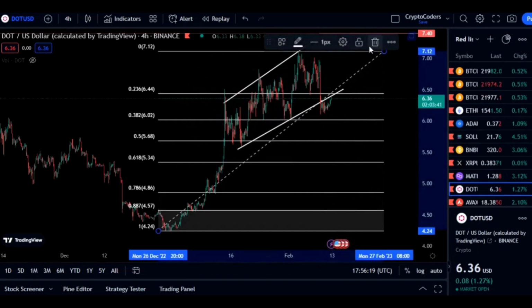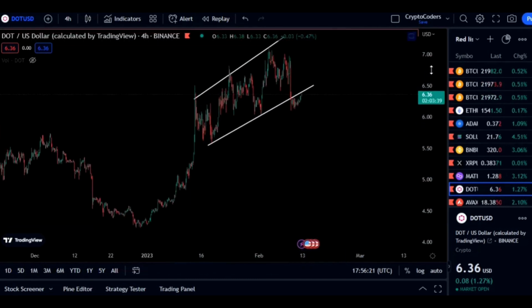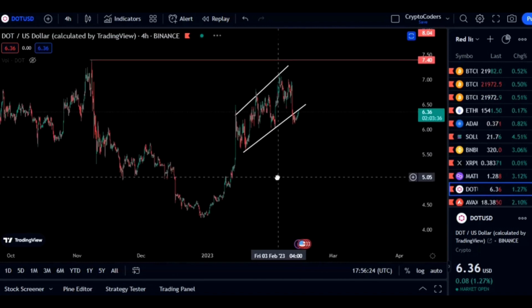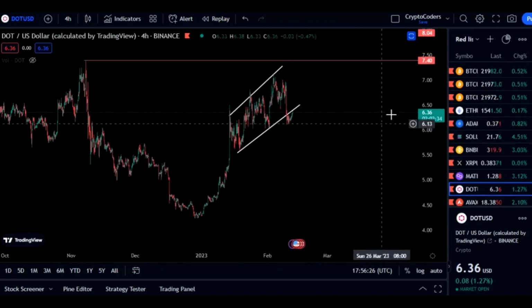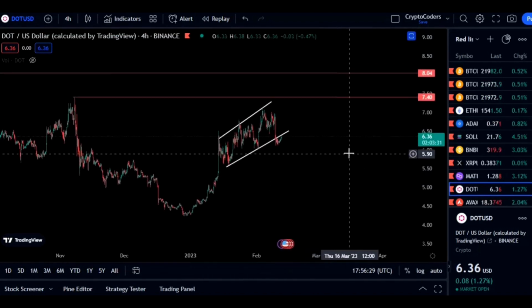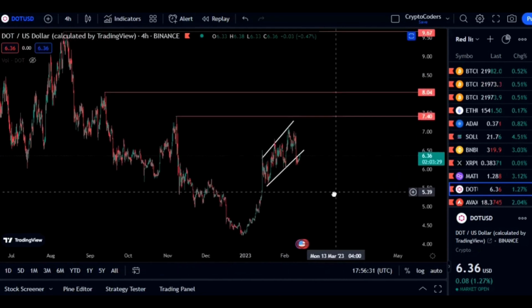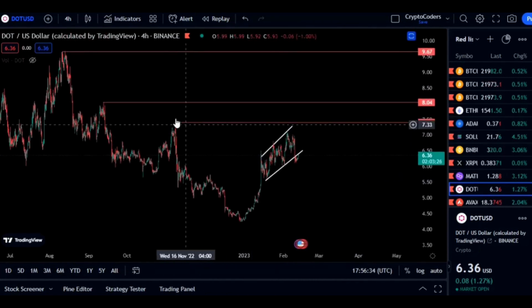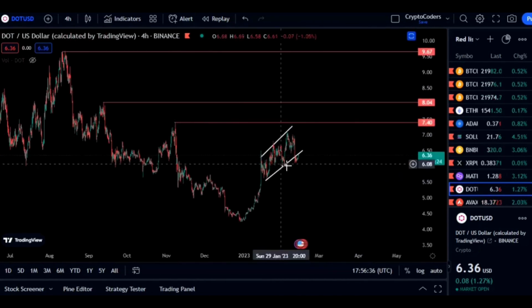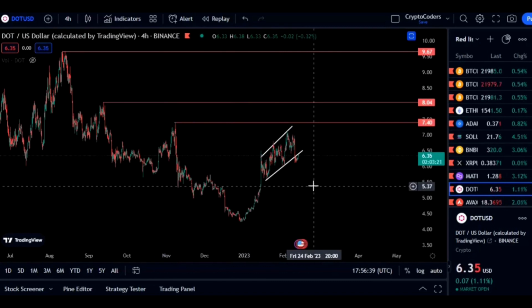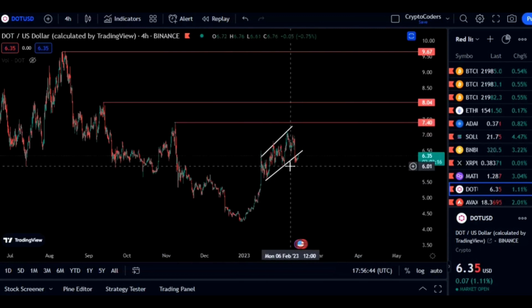Now, as far as the bottom for Polkadot, I don't believe that the bottom for Polkadot is in, because it didn't even break any of these swing highs that we have as resistances. So if we do start to break above these highs, it will increase the probability that the bottom of Polkadot is in.